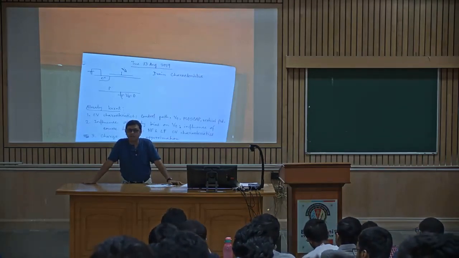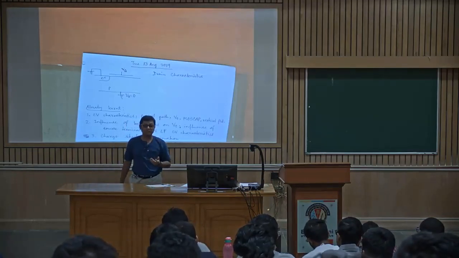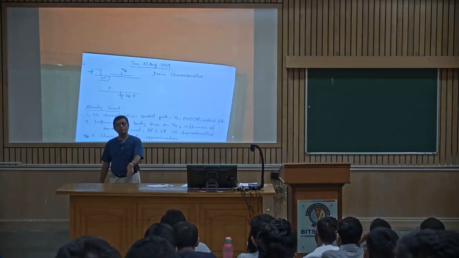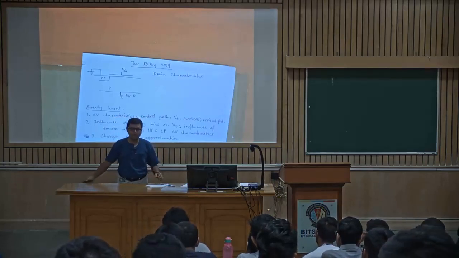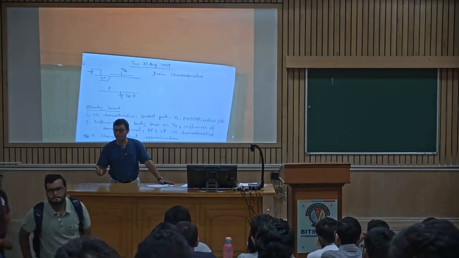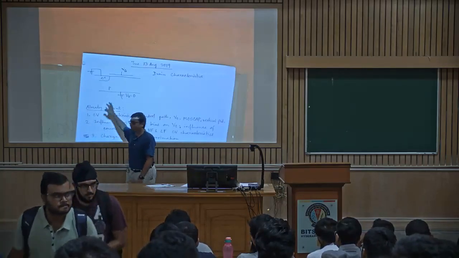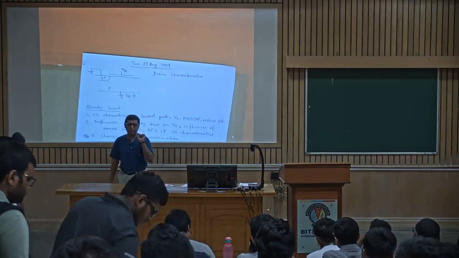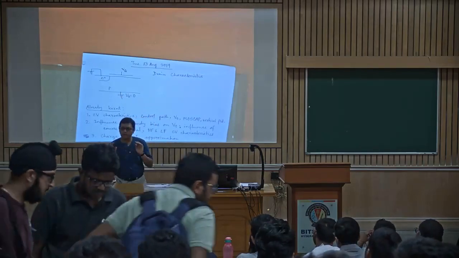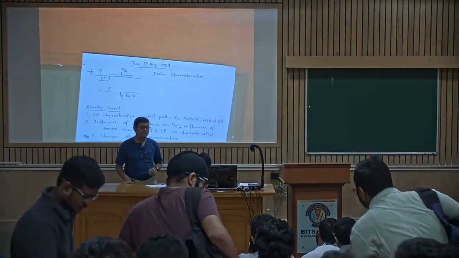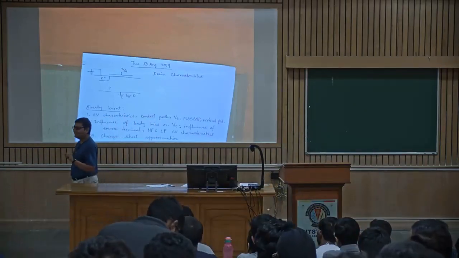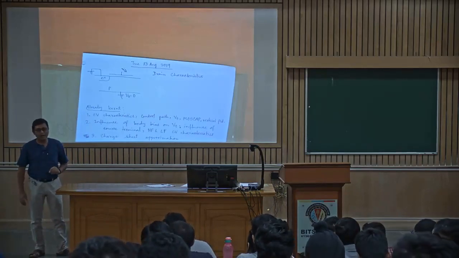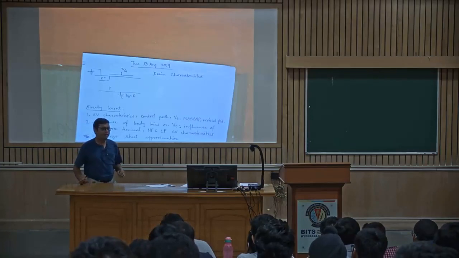The reason is, what is the value of phi t? 26 millivolts, 25 millivolts at room temperature. So 3 into phi t is 75 millivolts at room temperature, and we are talking about the order of a few volts here. That is the reason why we usually ignore that 3 phi t part. But the reason I am emphasizing this 3 phi t so much is that in current technology, if you are working in industry, you will not have 1.8 volt VDD or something.